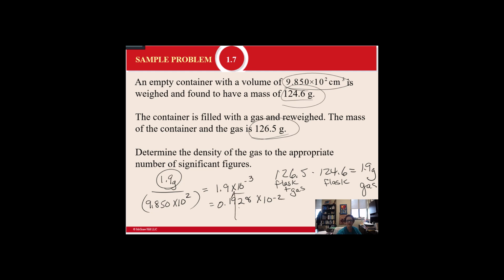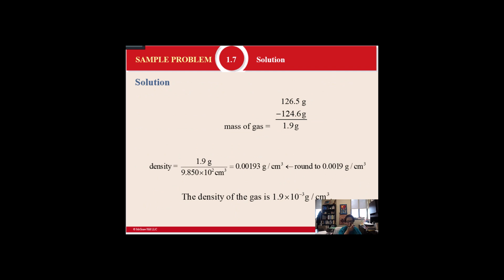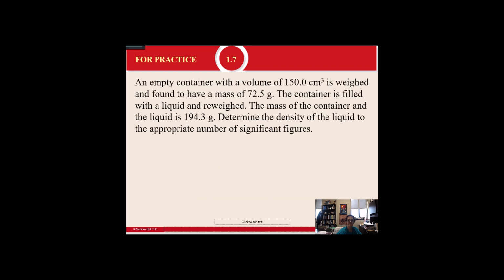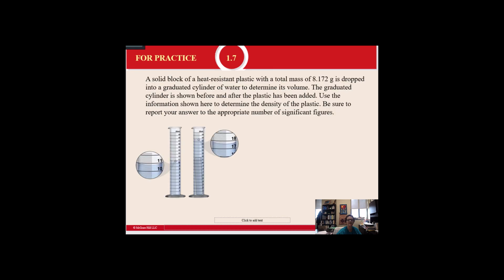Here it is, all pretty for you to look at. And then there's your practice one, which is going to be the same kind of problem. And then there's another practice one using the graduated cylinder like we actually do it in lab.